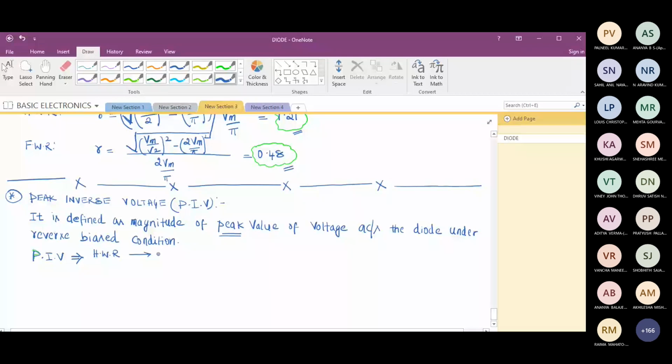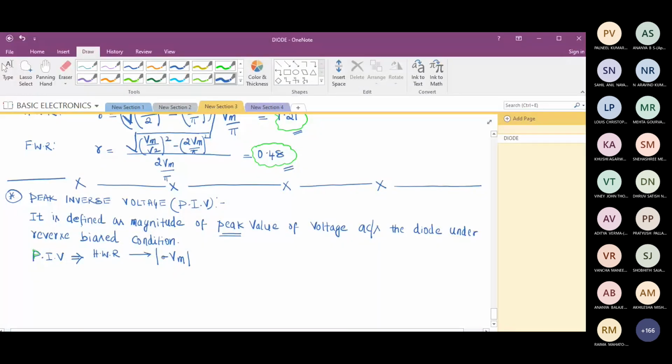When I say magnitude, is it magnitude of peak voltage minus Vm? Yes or no? Read the definition. It is defined as magnitude of peak value, maximum value of voltage across the diode under reverse biased condition. So when the diode is reverse biased, what is the maximum voltage that is appearing across the diode?